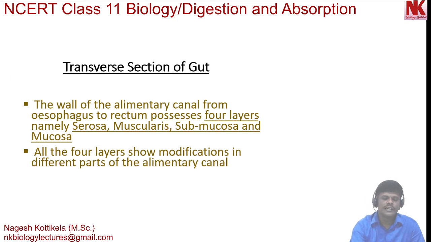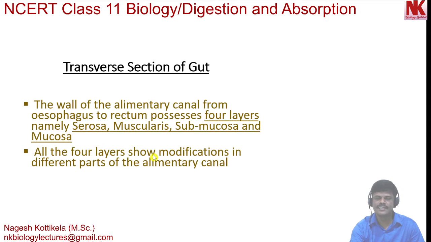Now, here the wall of the alimentary canal from esophagus to rectum possesses 4 layers. Esophagus is food pipe. Rectum is last part of the large intestine. These layers are serosa, muscularis, submucosa and mucosa.